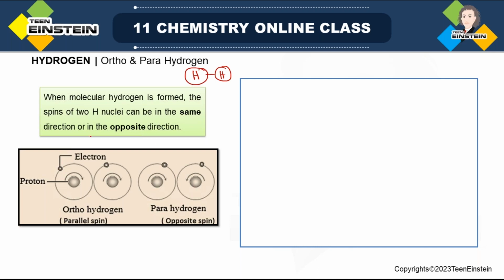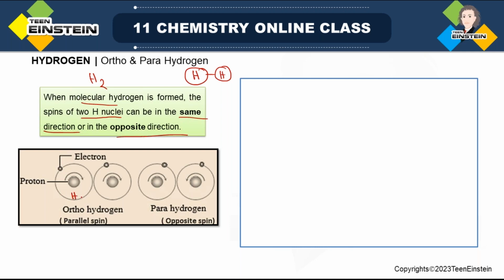Depending on the spin of the nuclei of the individual hydrogens, that is the direction, whether they are in the same direction or in the opposite direction, we can have 2 different types of molecular hydrogen. Why am I saying molecular hydrogen? Once you have H2, that is a diatomic form, obviously it is a molecular hydrogen. It is no longer a single hydrogen atom.